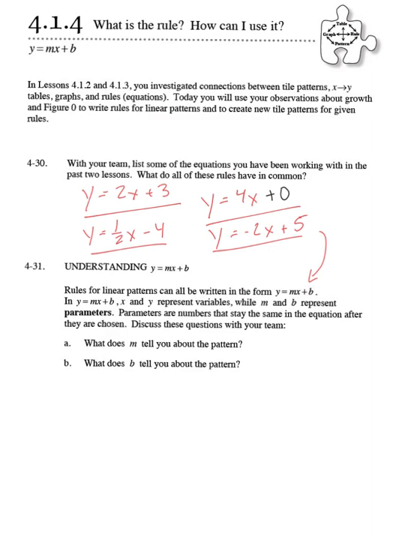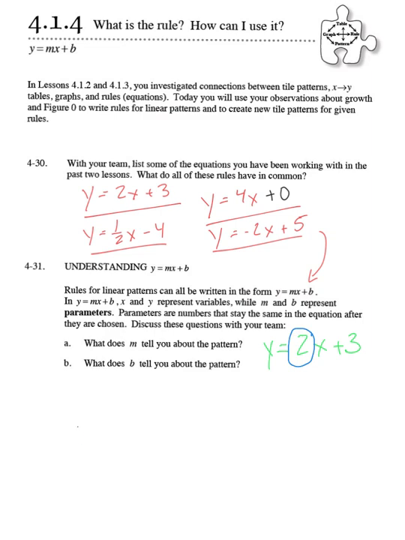So the m, if I have an equation like y equals 2x plus 3, they're asking you, what does this tell you about the pattern? What it comes down to is that is the growth, right? If I had a table with numbers, that's what it's going up by.